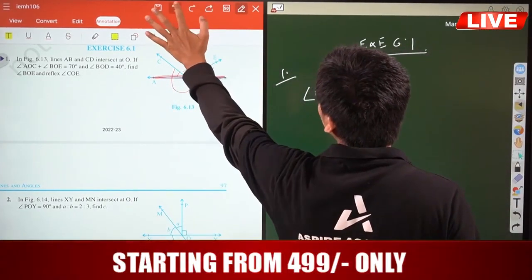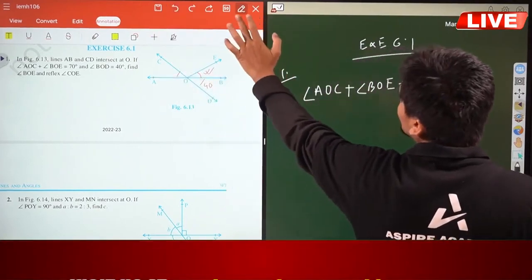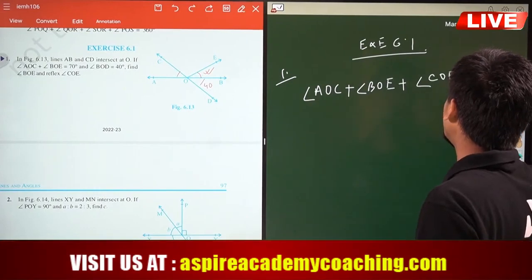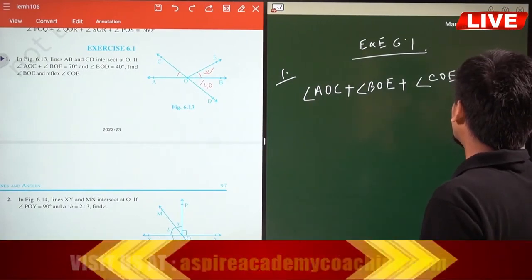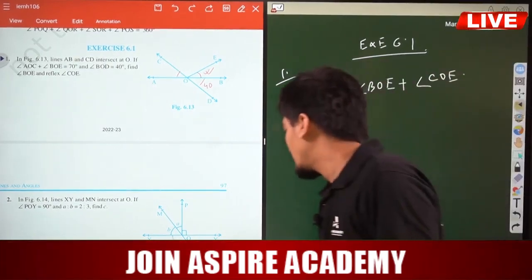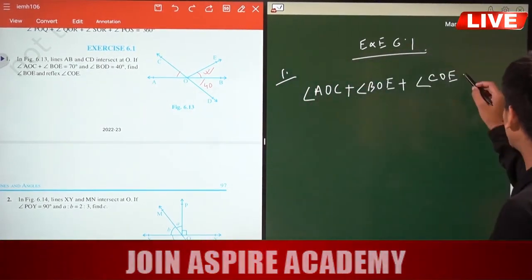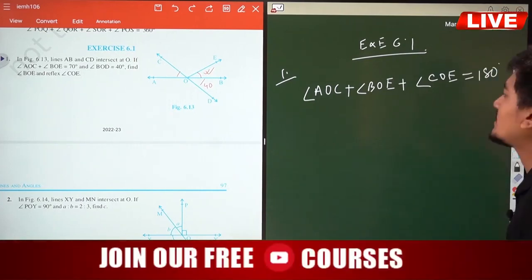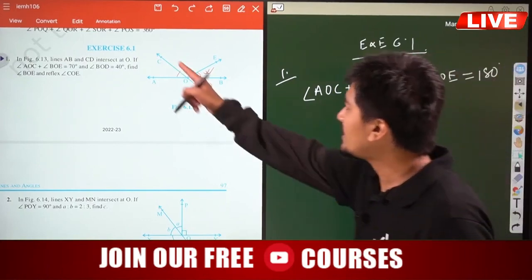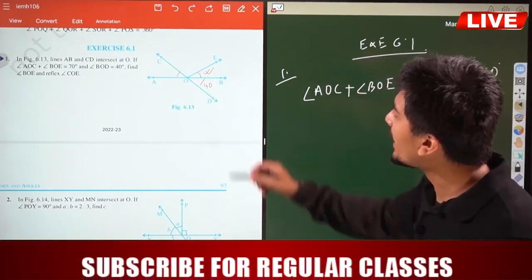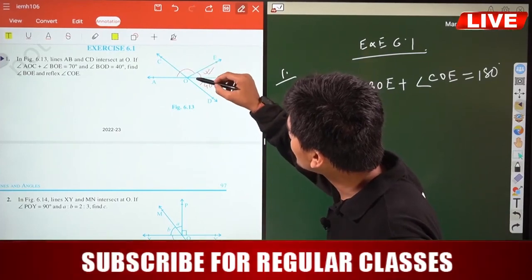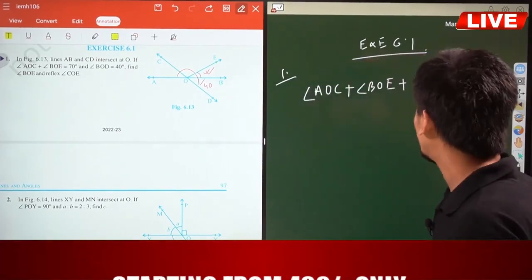So angle AOC plus BOE plus COE equals 180 degrees, since it is a straight line, right? Next, again, if CD is a straight line, then what are the angles? This is the first angle, this is the second angle, this is the third angle.